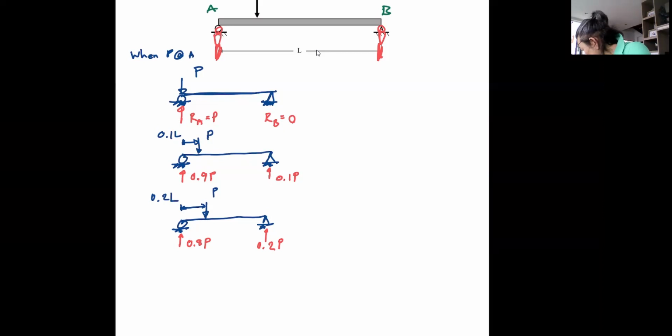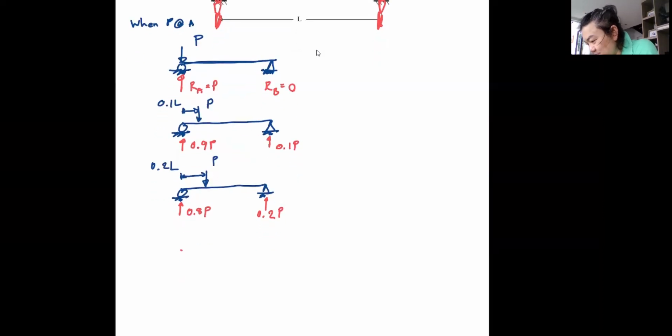And I can also move further, say 0.3. Let's say if this length is 0.3, I move it 30% of the length.